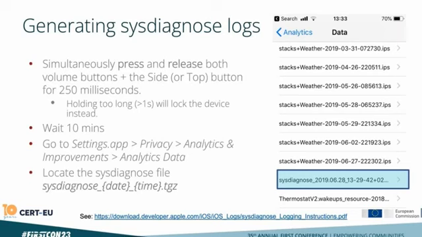Then you have to wait about 10 minutes, which is the time it takes to generate the archive. Then if you go to Settings, Privacy, Analytics, Improvement, you will see this file called Sysdiagnose_the date. It's a TGZ file that you can then retrieve. Apple quite extensively documents how to generate them, so it should not be such an issue to find out. You have a similar procedure for iPads.